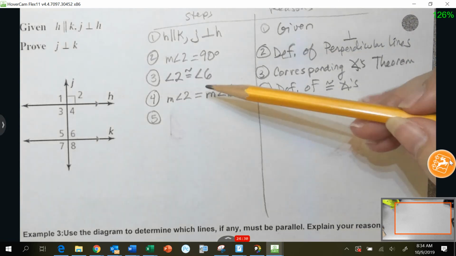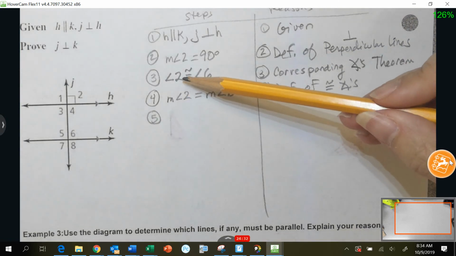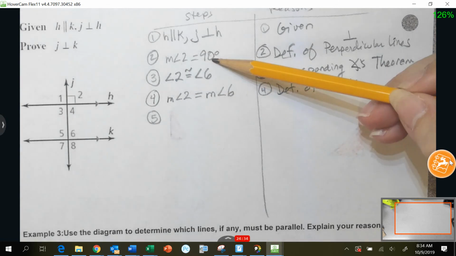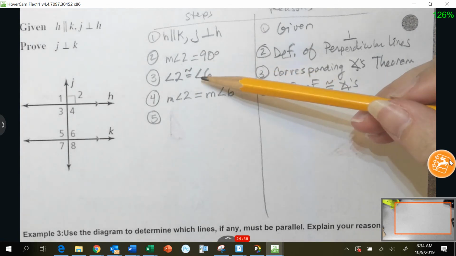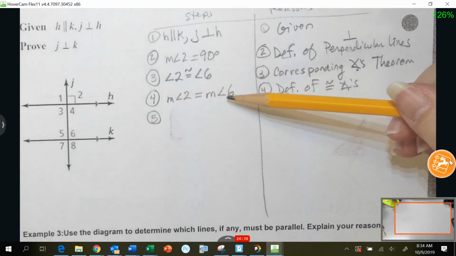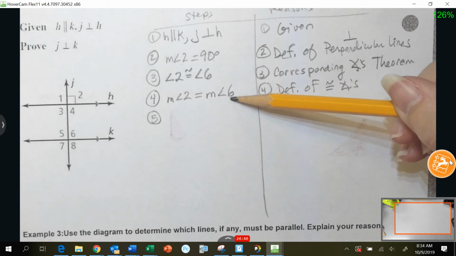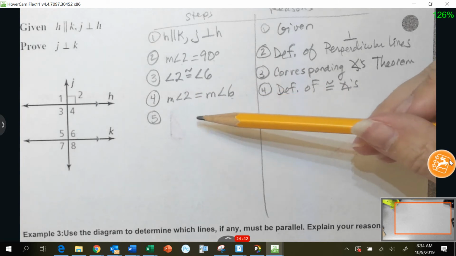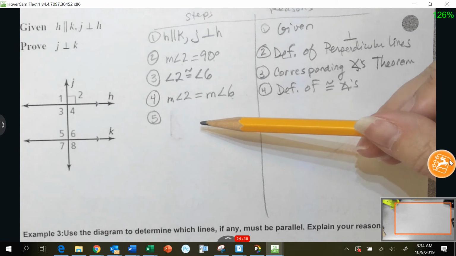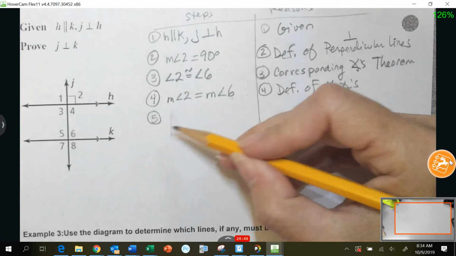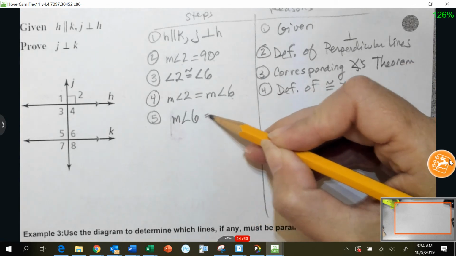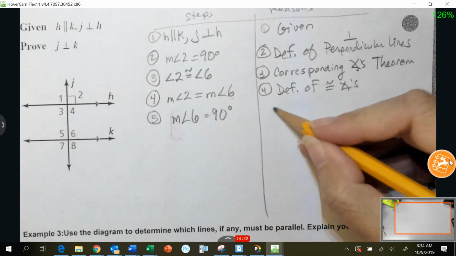Okay, so right here, if the measurement of angle 2 equals 90 and the measurement of angle 2 equals measurement of angle 6, what can we conclude about measurement of angle 6? It equals 90. But why?